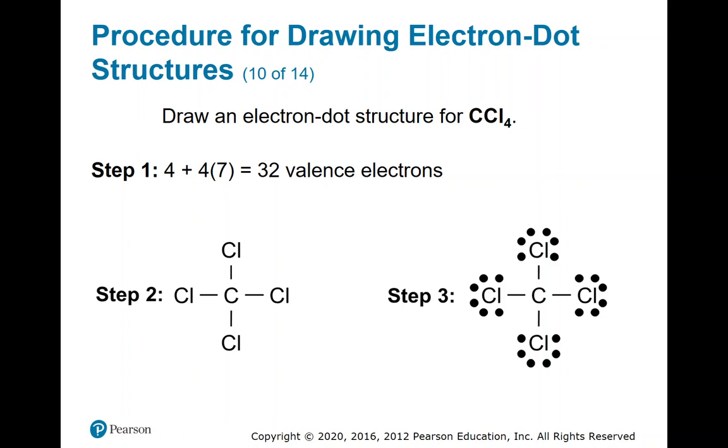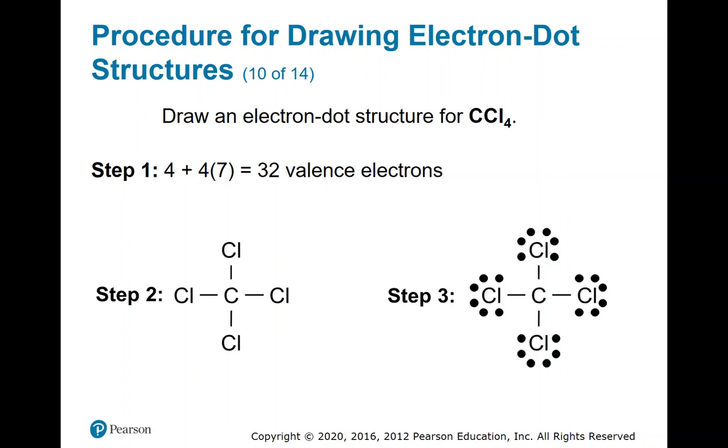So the next step is to connect our atoms. Now, there are several guidelines for assigning the central atom. One good guideline is whenever you see carbon, it's pretty much always going to be at the center of a molecule. Carbon has a tendency to form bonds to multiple different atoms, and therefore is pretty much always a good candidate for the central atom. But if you're not sure, one good principle to apply is look at the elements in your molecules.